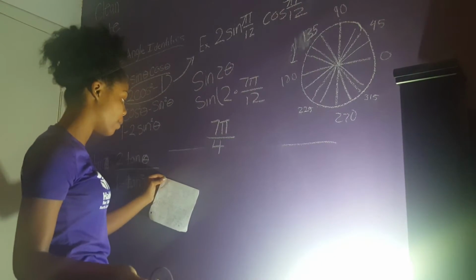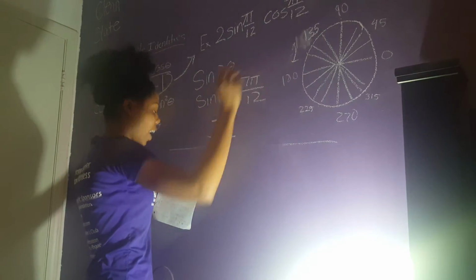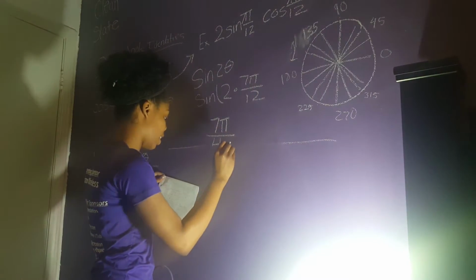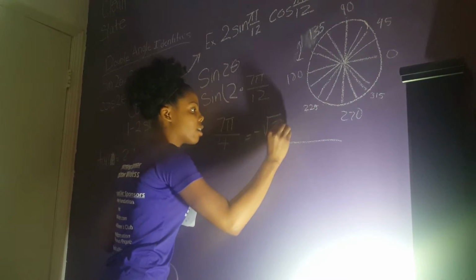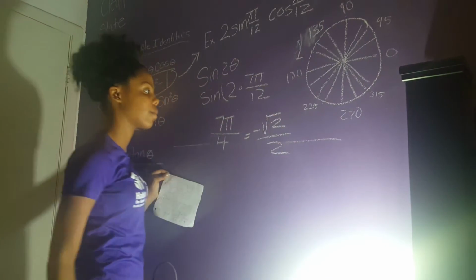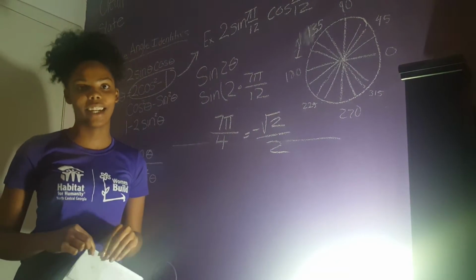And then, if you look at your unit circle, you'll be able to find that, and your answer will be negative square root of 2 over 2. Now we're going to move on to our half angle identities.